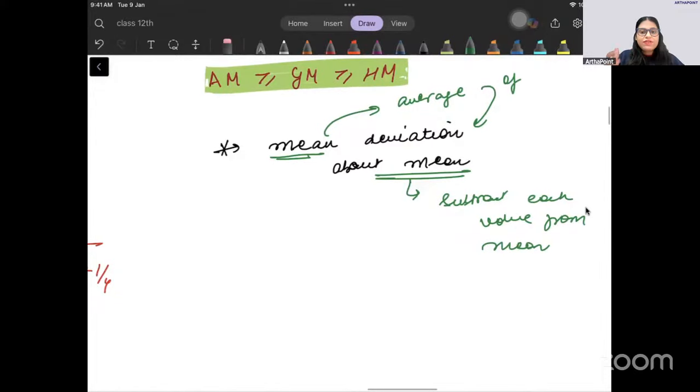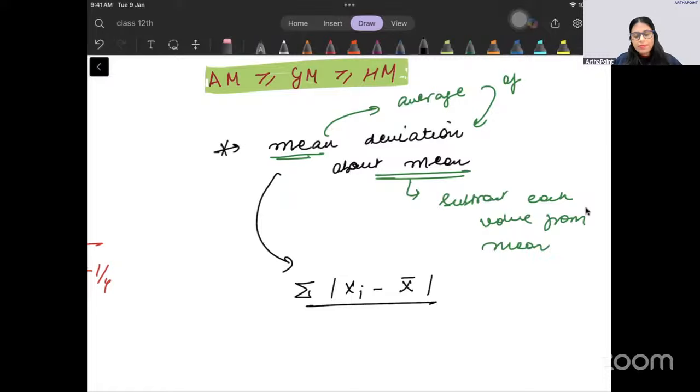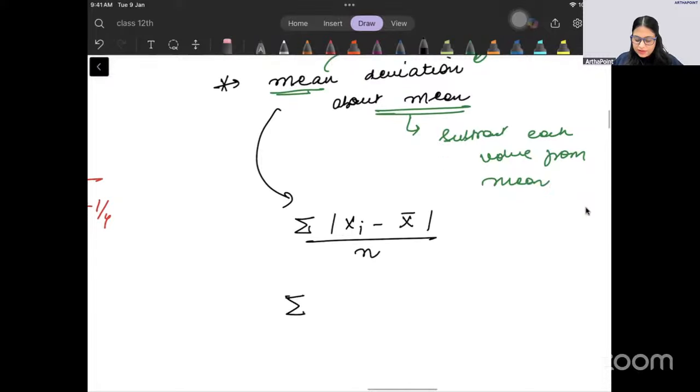So what is the meaning of mean deviation about mean? Mean deviation about mean means summation |xi minus x bar| divided by n. Okay? And if frequency is given, summation f |xi minus x bar| upon summation f. These are your formulas of mean deviation about mean.